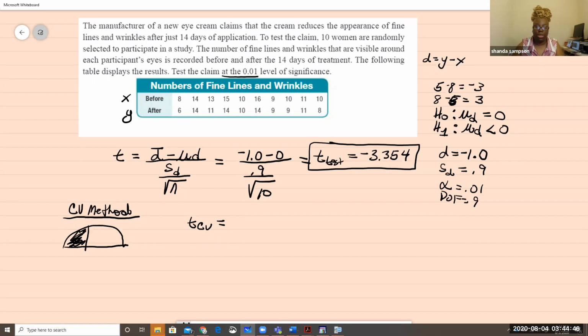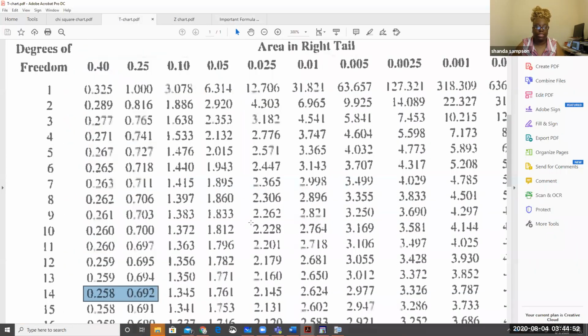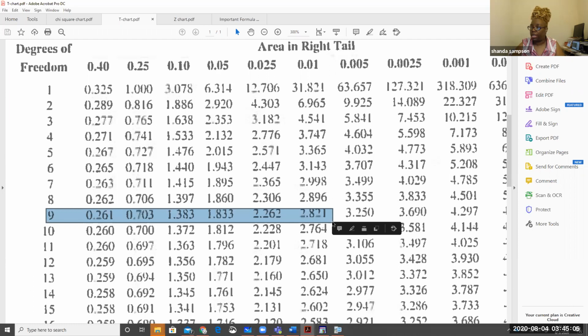So 9 at 0.01. Let's check out that t-chart. See, we're getting faster at it online, so we should be extremely fast at it there. So 9 is here, and we want 0.01 right there.